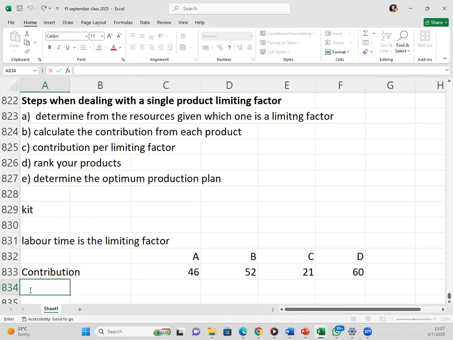So we've calculated that A is giving us a profit of 46, B a profit of 52, C 21, D 60. But now we want the profit that it is giving us per limiting factor. So that's the contribution per limiting factor.